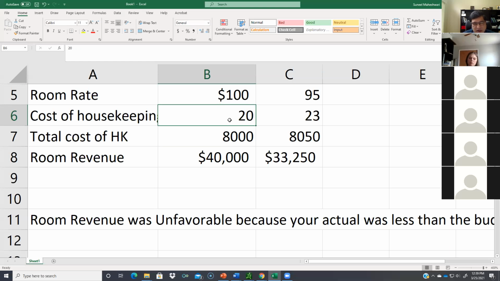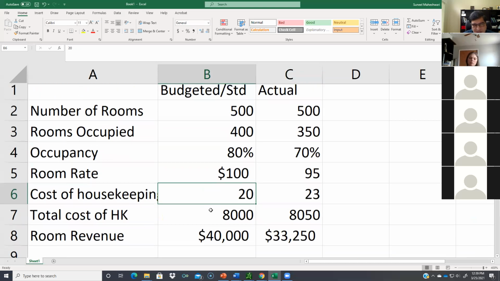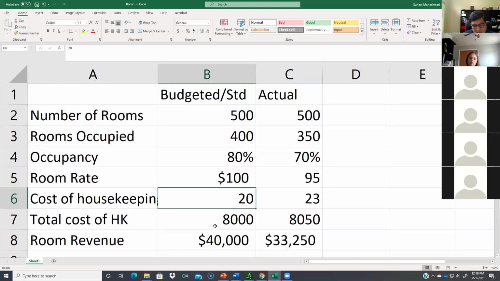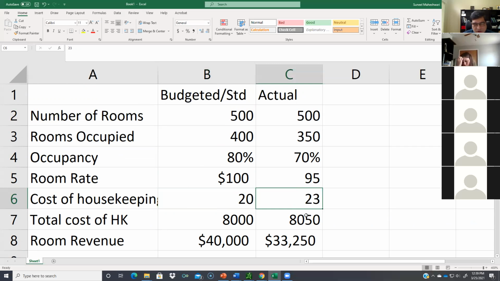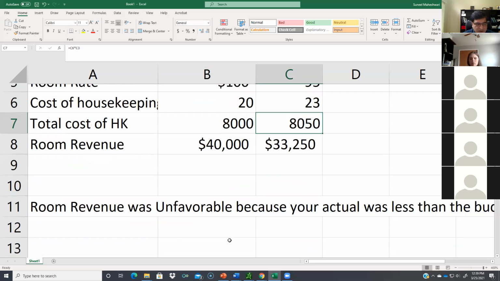So how would we compare it? We would compare it to actual. The budget really doesn't make any difference to your cash, right? No. So instead of $20 per room, you spend $23 per room per day. So is that favorable or unfavorable? That would be unfavorable.